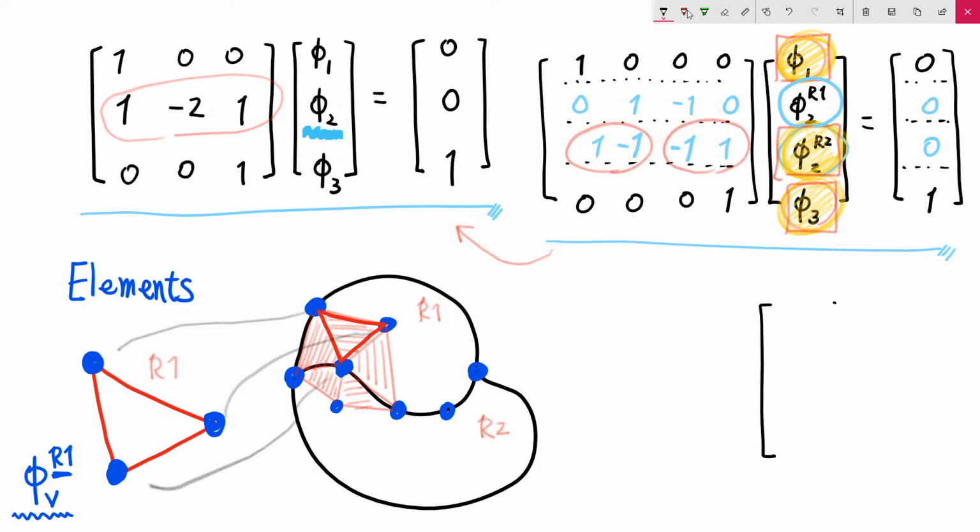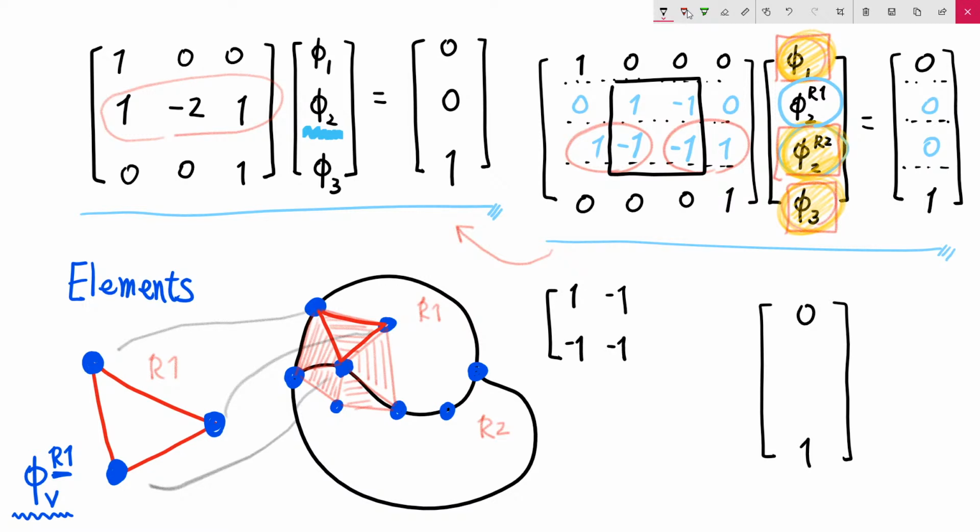Yes. From the boundary condition, we will have 0 and 1, and if we just implement or consider the 0 and 1, then now we have 1 minus 1, this central part, and minus 1 and minus 1, and phi 2 r1, phi 2 r2 equal to 0, minus 1.